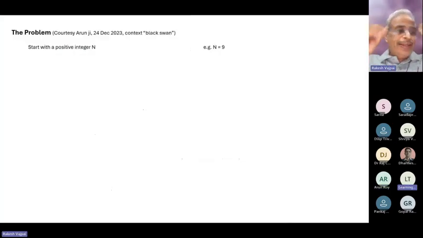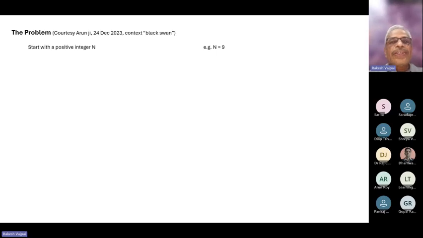All right. So let me start from the start, how this whole journey began. And it can't start without naming Arunji. It was on 24th of December. We had a session from Pawan on randomness and risk management.